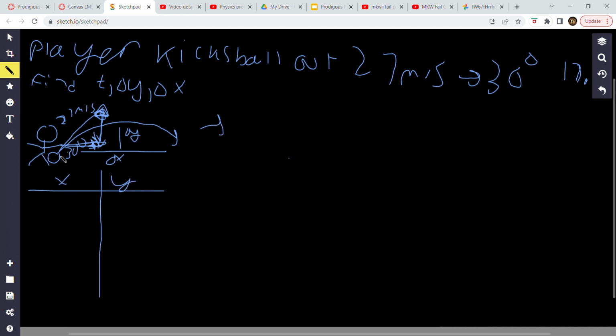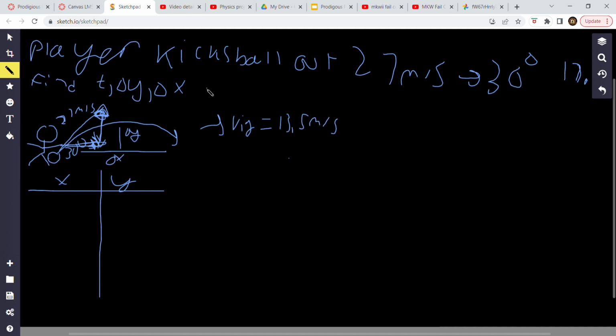We see this is a 30, 60, 90 triangle, so we can skip the cosine and the sine. So viy is going to equal 1/2 of the hypotenuse, so it's just going to be 13.5 meters per second.